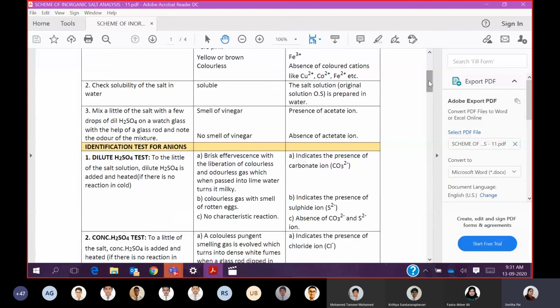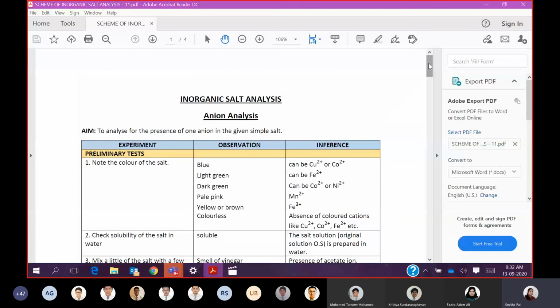Based on these 3 anions, you will be given a short assessment in forms. Those who have any doubts, they can clear it now. Please go through the scheme of salt analysis. After 5 minutes, you will be having an assessment on carbonate, chloride, and acetate.